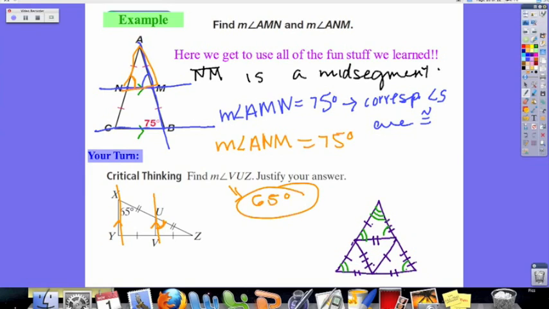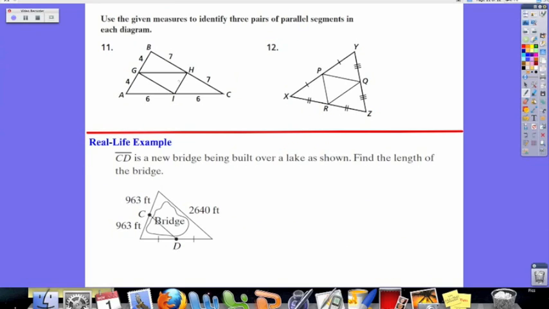Okay, next thing, identifying the 3 pairs of parallel segments. Obviously, in here are all your mid-segments. So GH is parallel to the one that's across. That's an easier way to remember it. Just look across. So it's parallel to AC. HI is parallel to the one across, so AB. And then, which one am I missing?